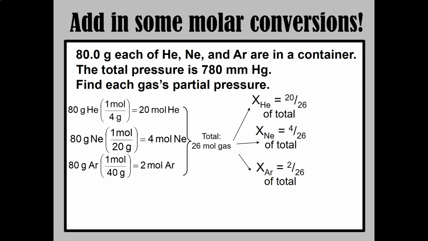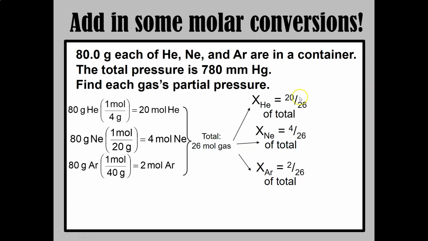I'd like you to do the same thing here. I would like you to leave them alone, let your calculator do it. Because if we leave them like this when they're not reduced, it's really representing more accurately what's happening. We have 26 moles of gas and 20 of them are helium. Okay, so I'd like you to just leave them, don't reduce them.